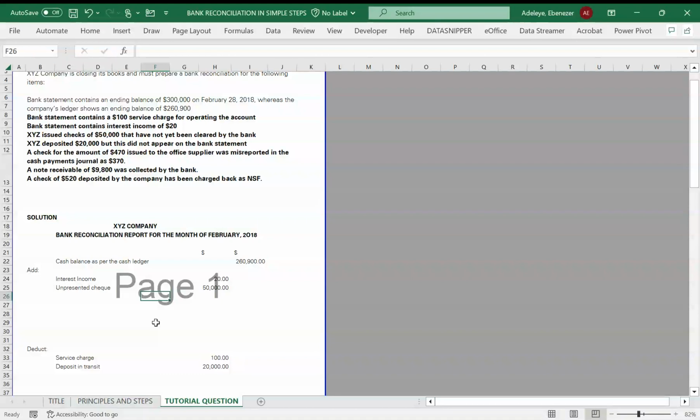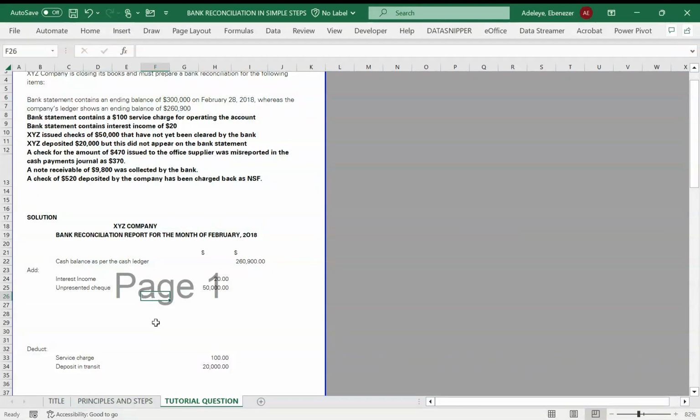For the sake of explaining for the first time, I will use the simplest route. I know some people would have just netted both and then passed the adjustment. But once there's an error, the easiest thing to do first is to reverse the erroneous entry and pass the correct entry, right?